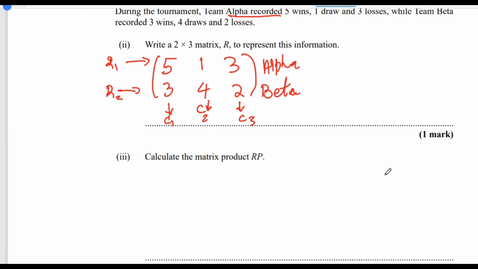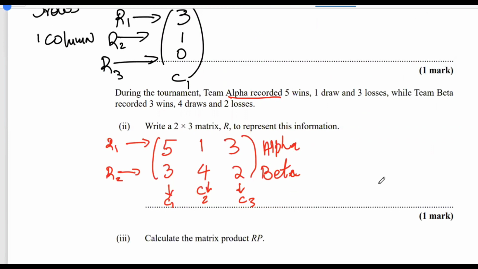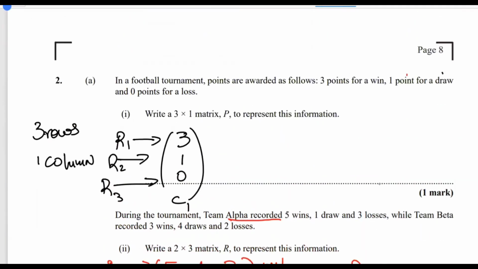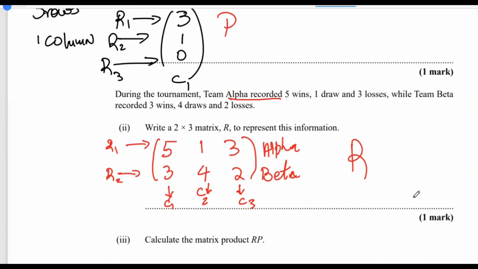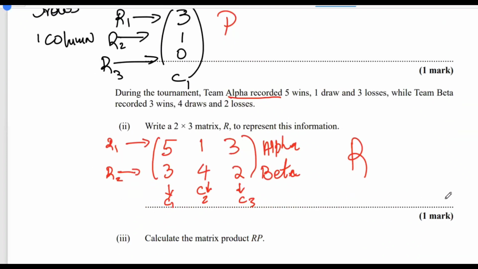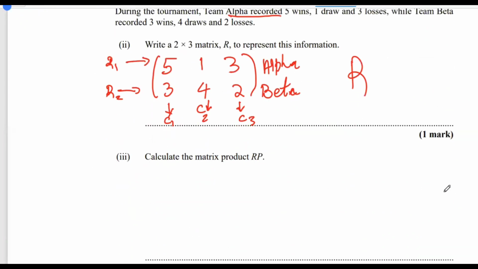Calculate the matrix product RP. So this one that we just did is R, and the other one that we did is P. So we have to put the things in the right context. We're talking RP.